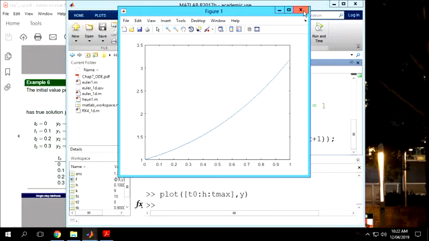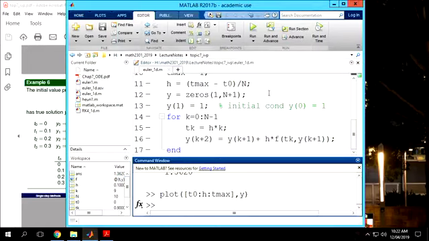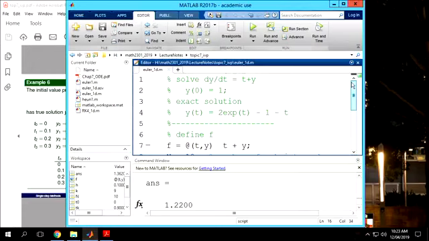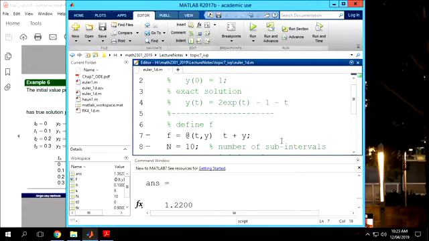So how about the exact solution? We haven't checked the exact solution, but you can check. Suppose I put in the exact solution here: t squared times exponential of minus 1 minus t.